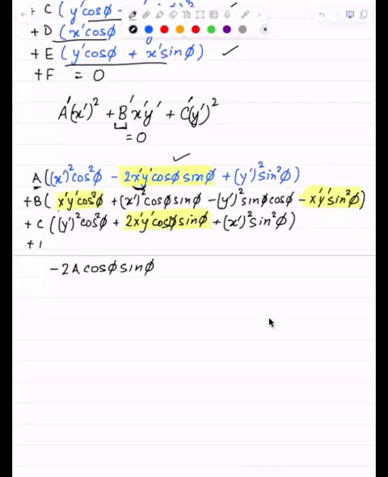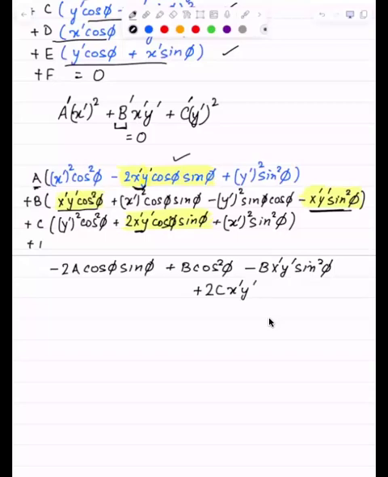We have another x prime y prime term here. What's the coefficient of it? It's plus b cosine squared phi. We have another x prime y prime term here. That is minus b, again this b is distributed, sine squared phi. And the last one, the coefficient is plus 2c.